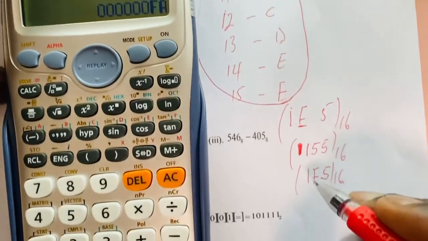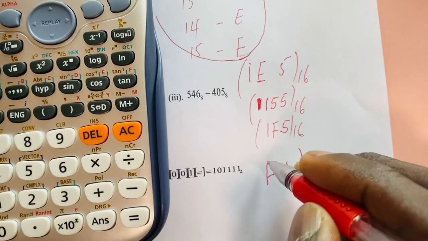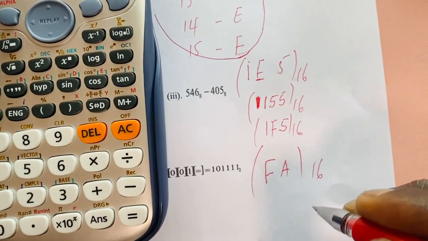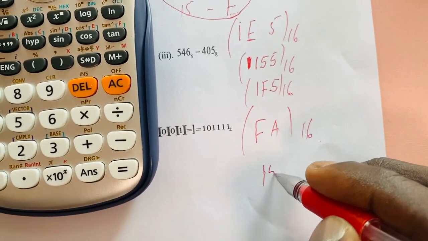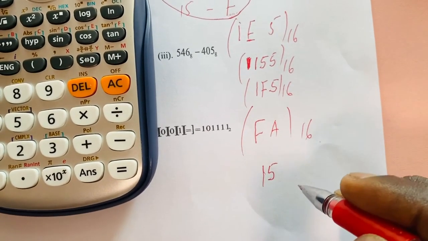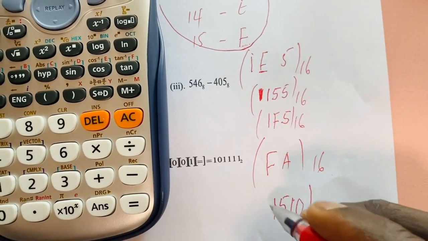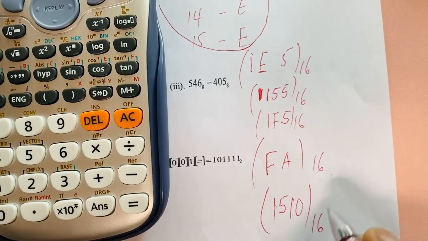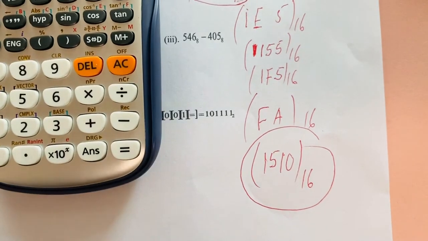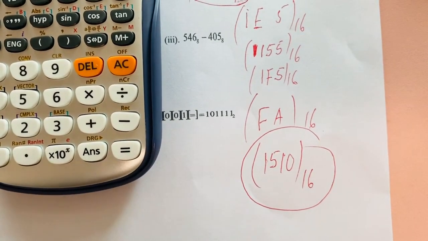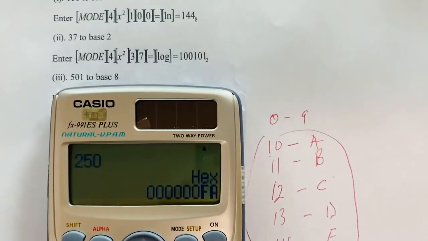So FA base 16 is the same as F is 15 and A is 10, which gives 15, 10 in base 16, or FA base 16.